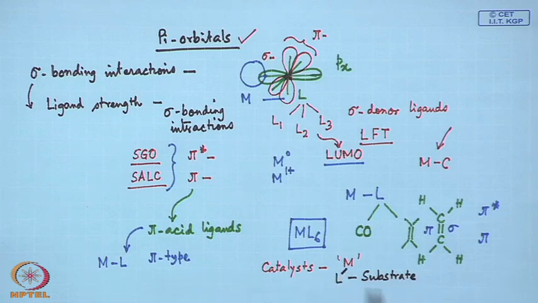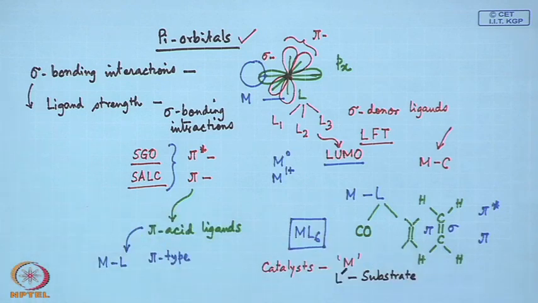But if we have some interaction between this M and this L, we should have some clear idea whether the ligand field picture of this interaction can also be presented nicely for their electronic structure and the electronic properties related to this corresponding reactivity.